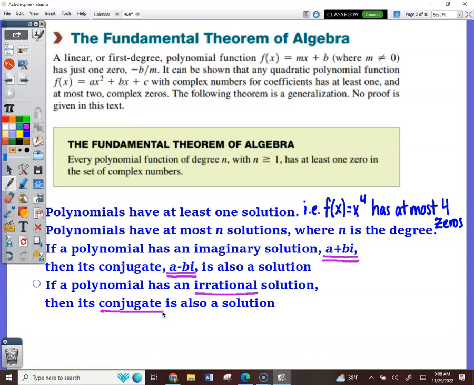What do I mean by that? For example, if square root 3 is a 0, the new part is, then negative square root 3 is also a 0. You change the sign of either the imaginary part or the radical part.